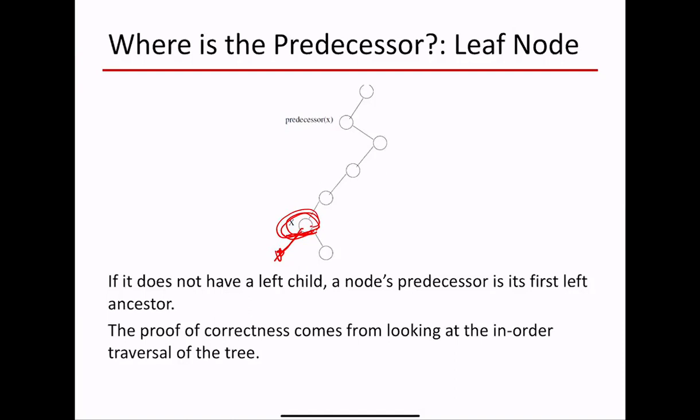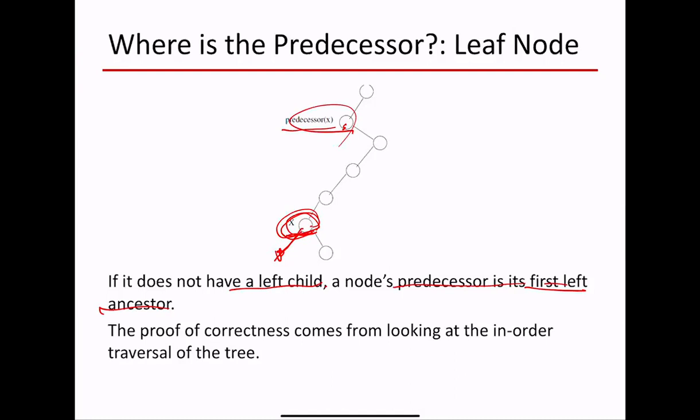So it is the first left ancestor, not the root. Not from the top, but from you, go up, and the first left ancestor is your predecessor. Okay.